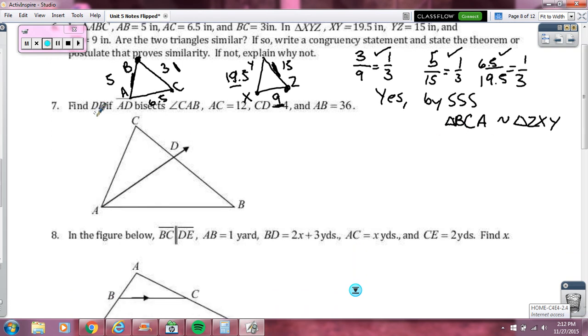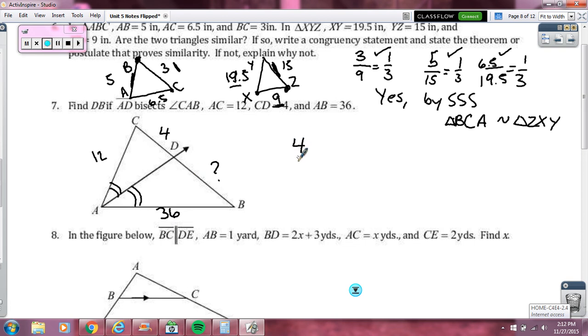Alrighty, next one. So find DB, there's our unknown, if AD bisects CAB, and AC is 12, CD is 4, and AB is 36. Cool. So I had to put that information in the picture.